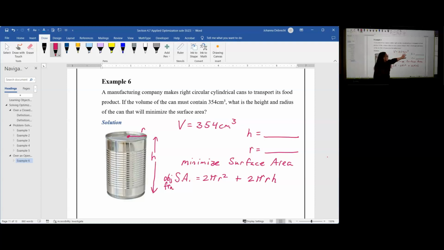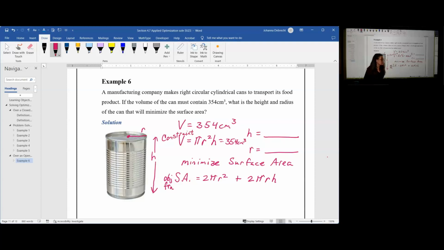I'm told the volume is 354 cubic centimeters. That means that I have to be able to write the formula for volume and have it equal 354. The volume is pi r squared h. This becomes our constraint equation.